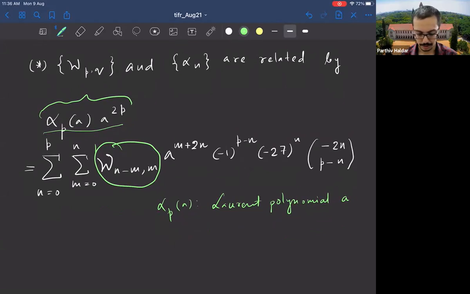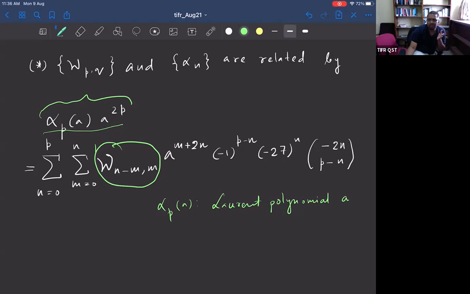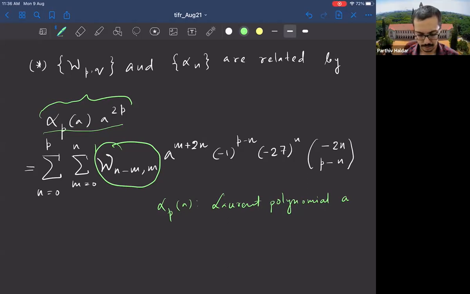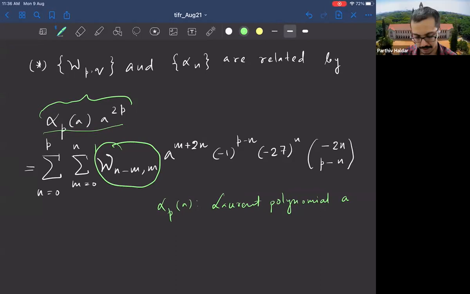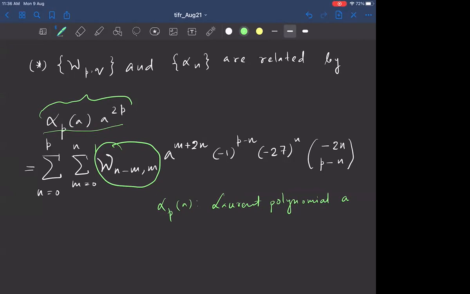There is an explicit map between the variables, right? A and Z and X, Y. Akhil, are you asking whether I can write alpha p as some integral over this W times something like that? No, that's not known, as far as I know. Okay, thanks.